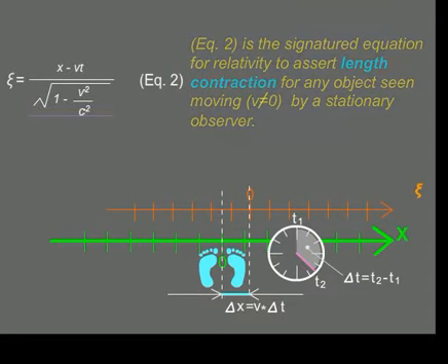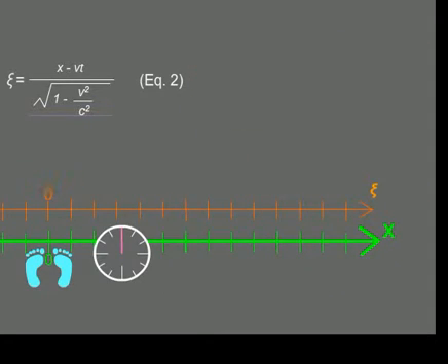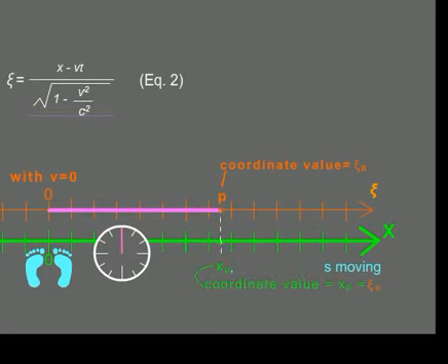Let us arbitrarily choose a point P on the c-axis before any movement happens. With a coordinate value P, point P matches a point on the x-axis that has a coordinate value of xp.